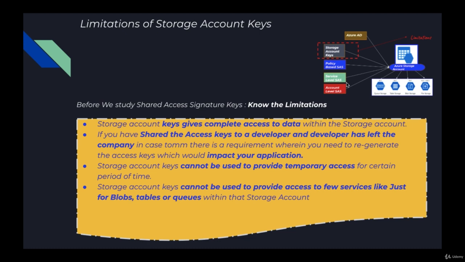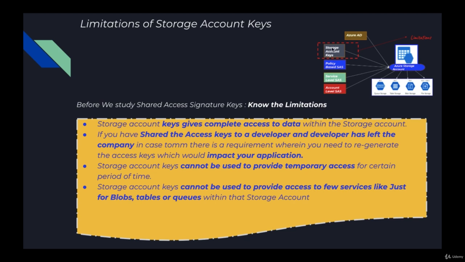Just to give you a quick recap, whenever you create a storage account, as we discussed in the previous lectures, Azure generates 512-bit storage account access keys, right? Those keys are used to authorize access to your storage account via shared key. We discussed the primary key and secondary key, and you can rotate or regenerate the keys, and Microsoft recommends doing that.